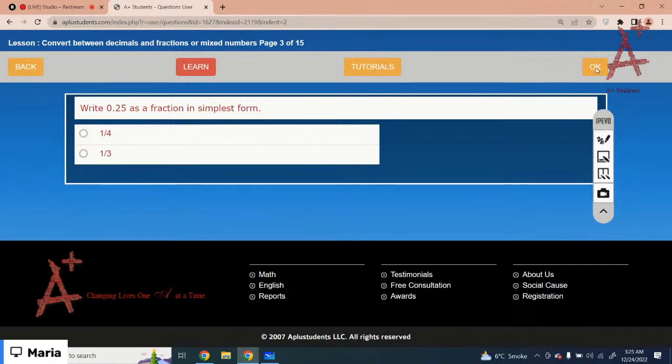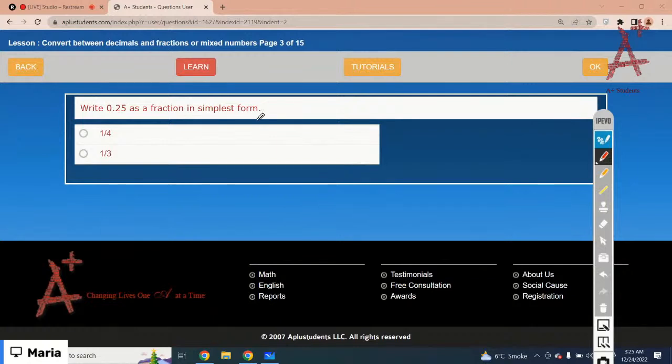Write 0.25 as a fraction in simplest form. First of all, you have to remove the decimal point. For the decimal point, you always add 1 in the denominator, and you count the digits right after the decimal. Now you have two digits, so you add two zeros. It would be 25 over 100. You have to write the answer in simplest form.